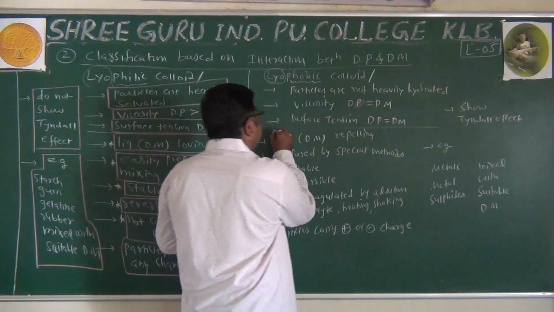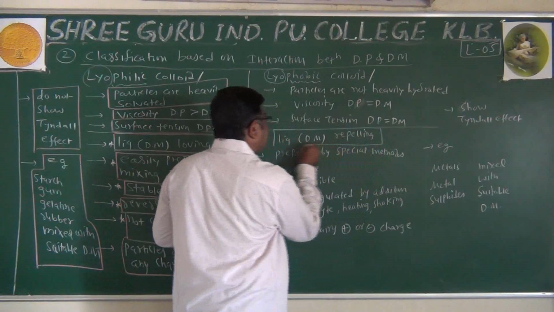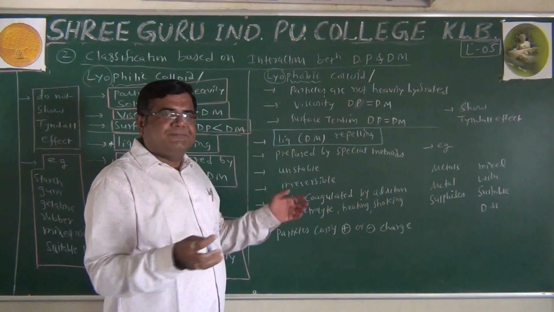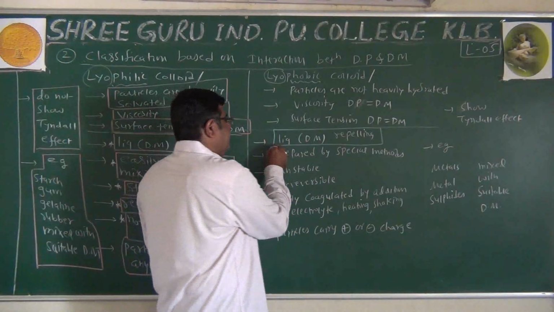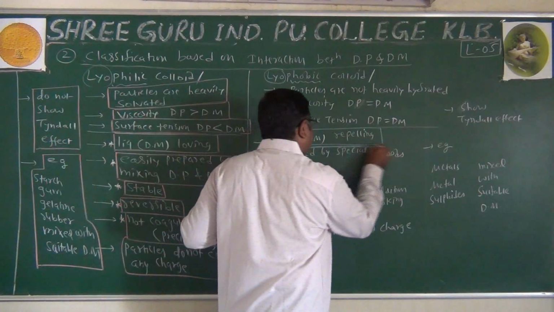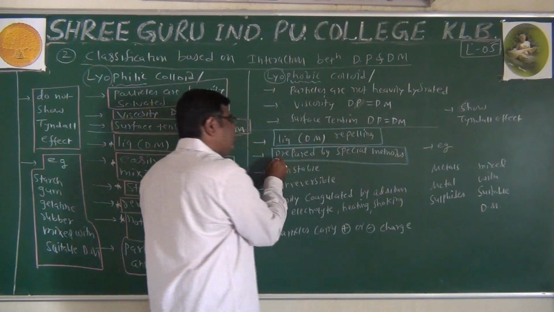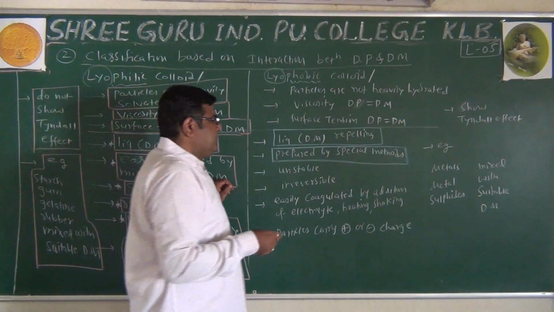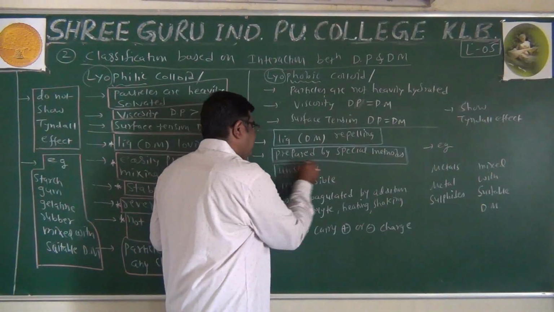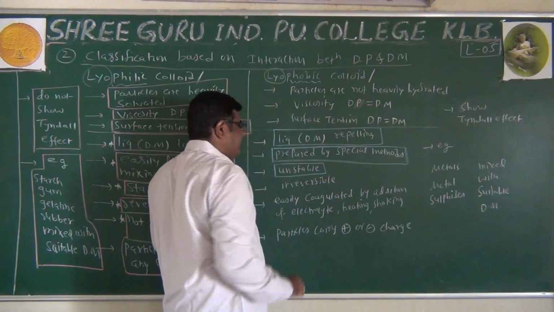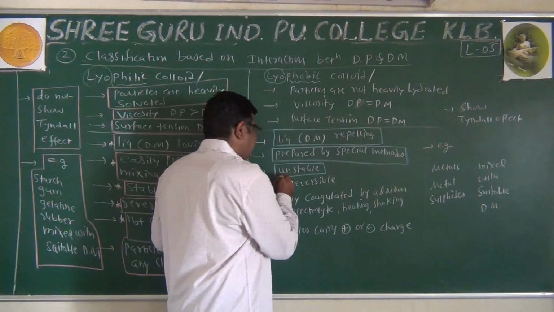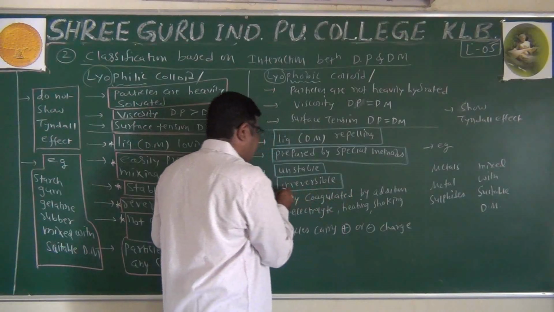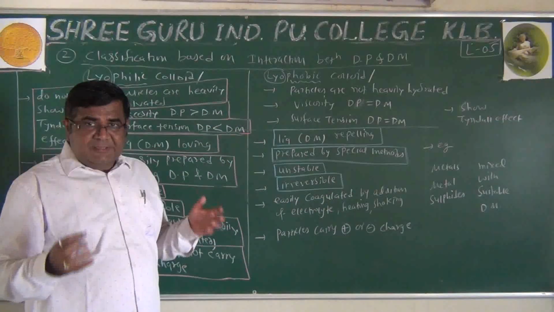DP and DM repel, that's why we need some arrangement to stir them together. It needs special methods. Due to repulsion, unstable, irreversible.